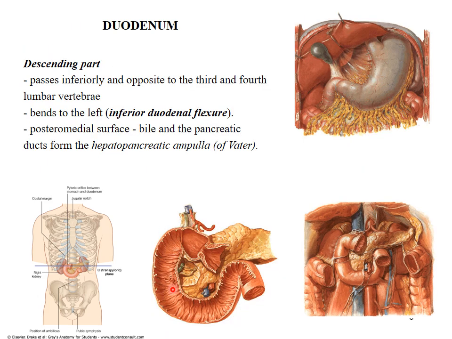Descending part is the second segment of the duodenum, and it passes inferiorly opposite to the third and fourth lumbar vertebra. Also, at the right side of the fourth lumbar vertebra, it makes the inferior duodenal flexure.